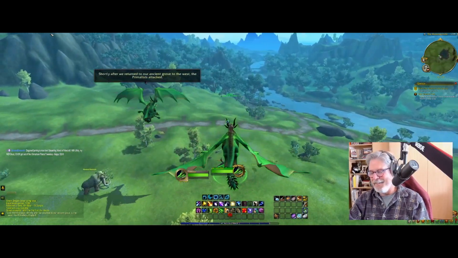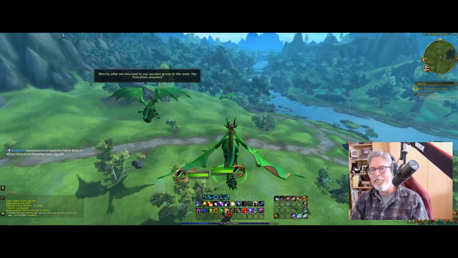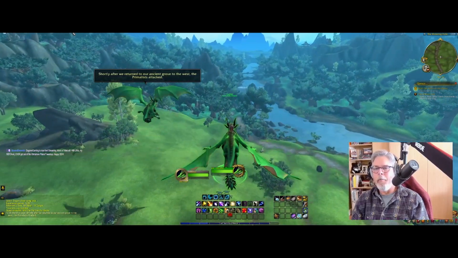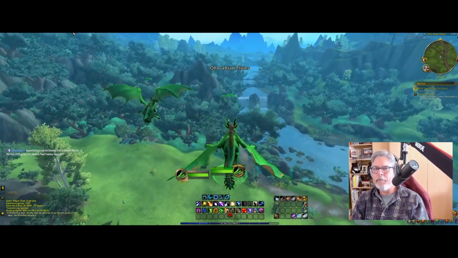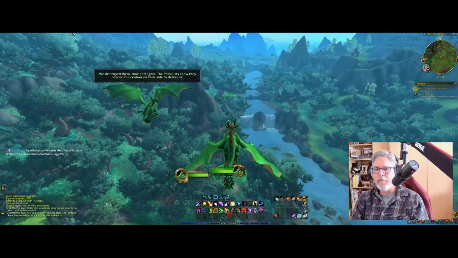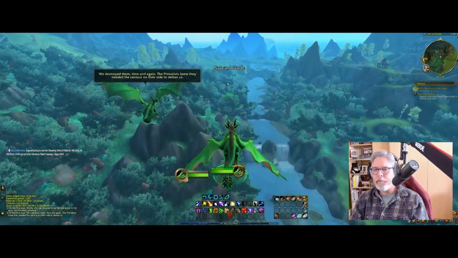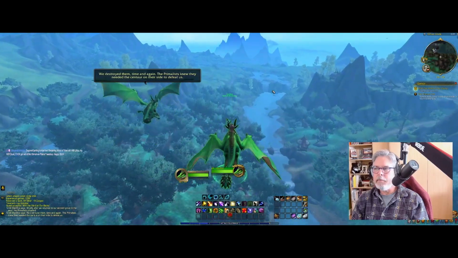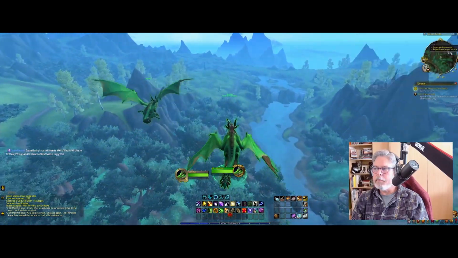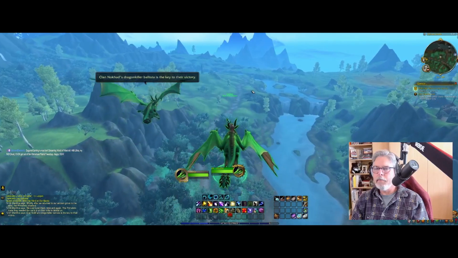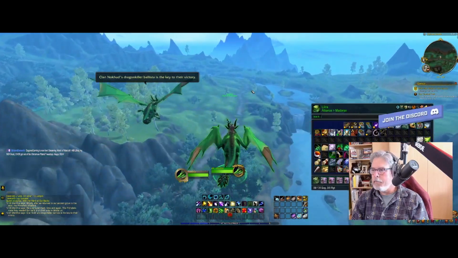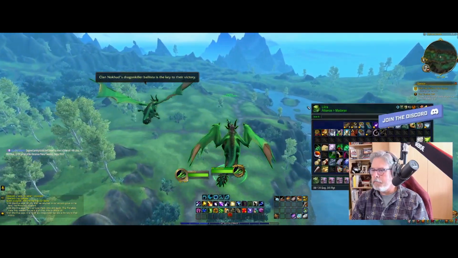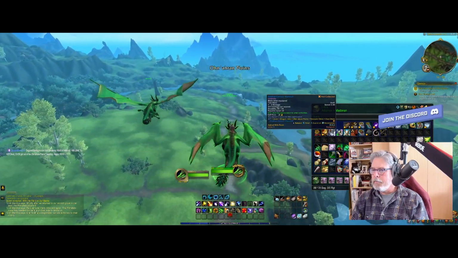Shortly after we returned to our ancient grove to the west, the Primalists attacked. We destroyed them time and again. The Primalists knew they needed the Centaur on their side to defeat us. Clan Nokud's Dragon Killer Ballista is the key to their victory.